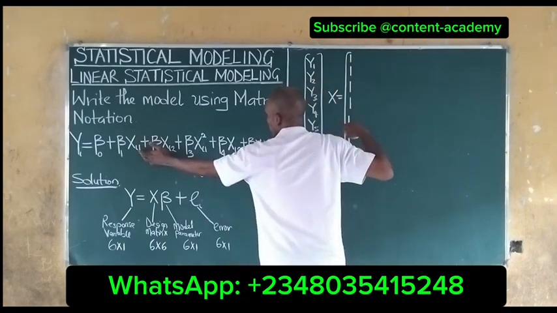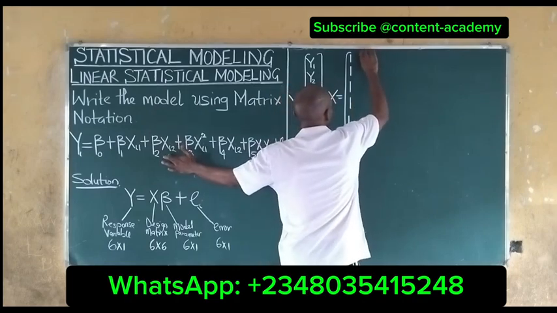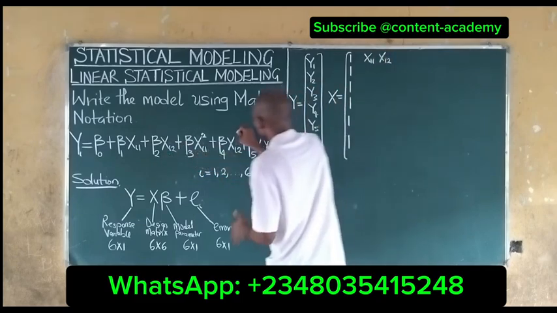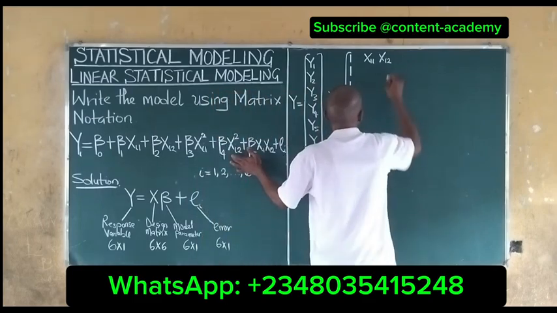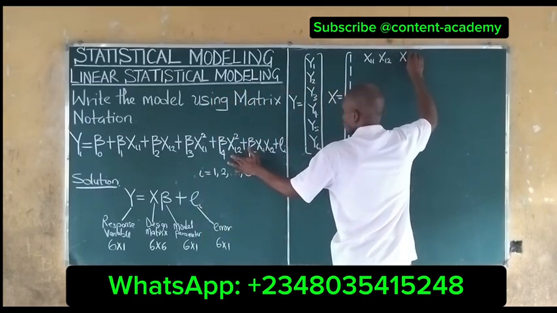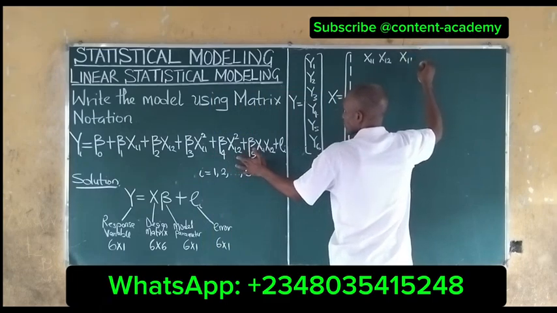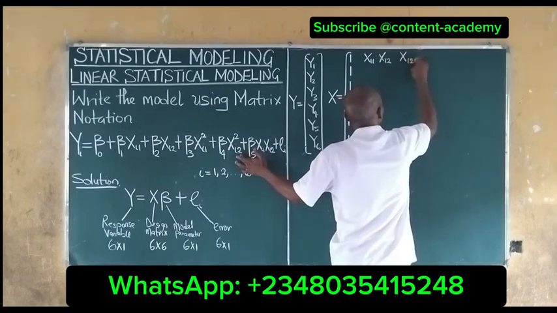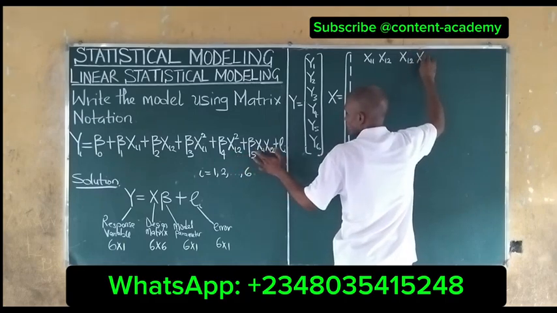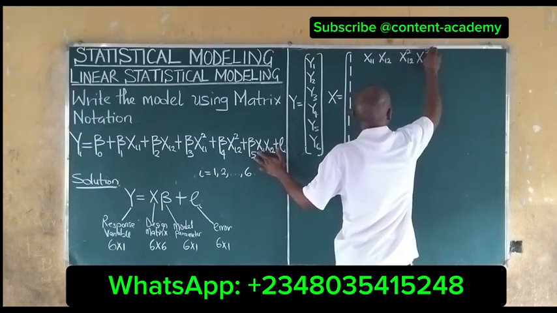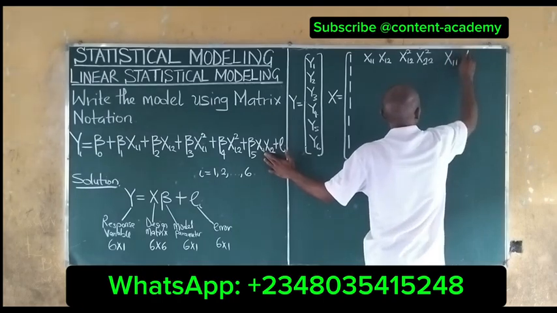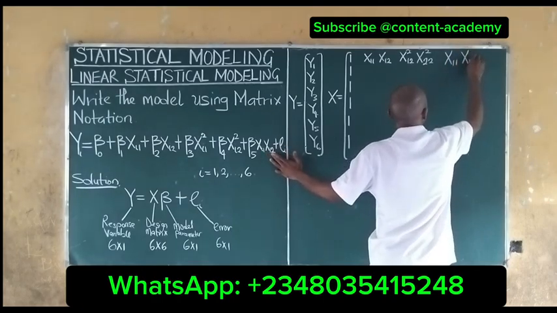Now, we move over to x1, x2. First one, x11, x12. Now we have this square. Sorry, there's a square here. We say x11, x12 and x22. This is square, this is square. The next one we have here is x11 and x12.